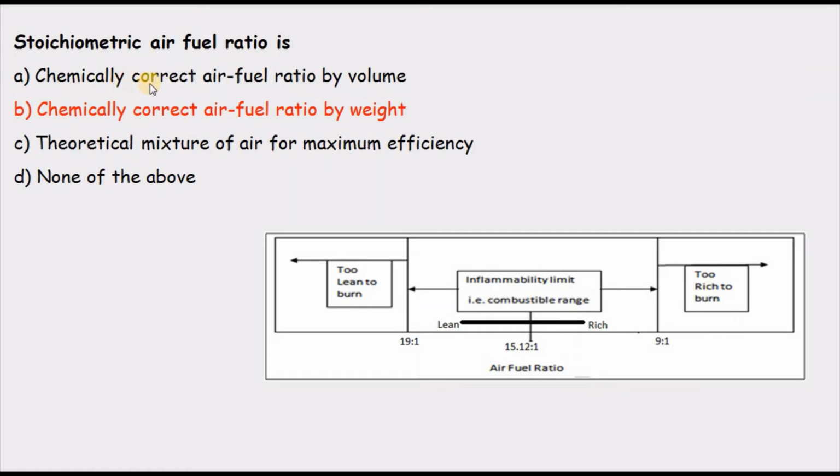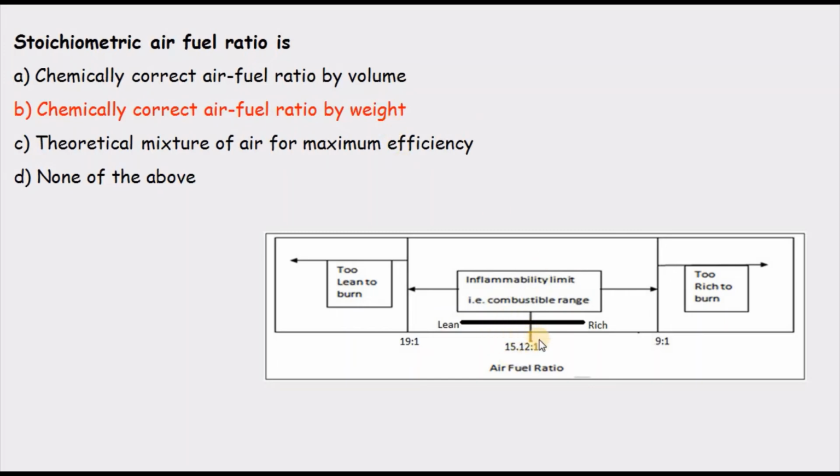Then we have chemically correct air fuel ratio by volume. We are supplying this particular mixture through the venturi, where mass is going to be conserved, and therefore we are talking of here the air fuel ratio in proper proportion on mass basis, that is by weight. It is not the volume, it is by weight.